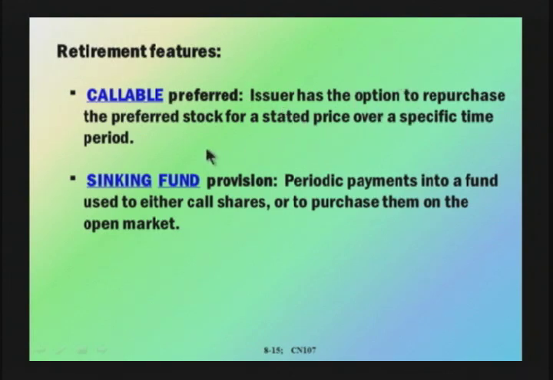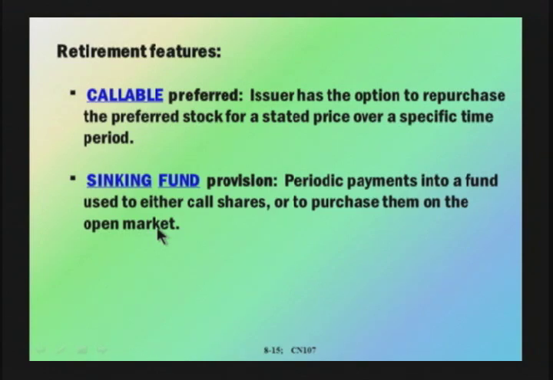Another thing that can shorten or establish a finite life on preferred stock is what's called a sinking fund provision. This is where the firm sets aside periodic payments to either call in shares if they're callable or purchase them on the open market. So if a firm issues preferred stock, they might set up a sinking fund, and each year over the next 10 years they might repurchase 10% of that preferred stock.